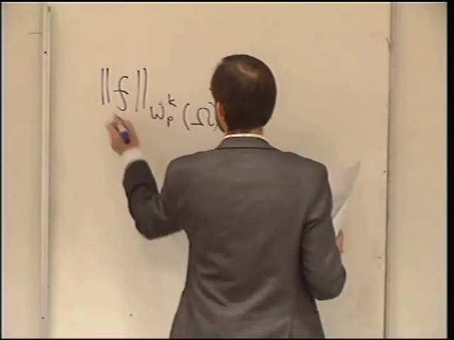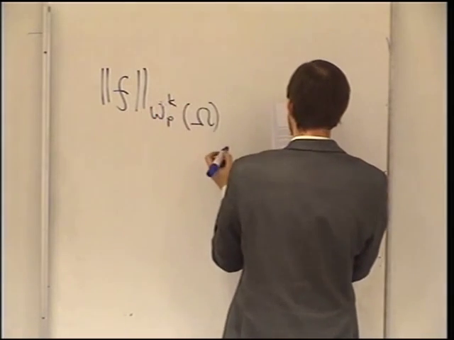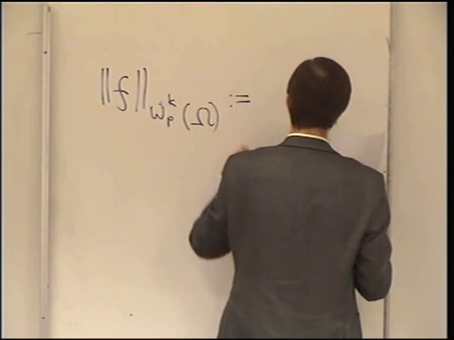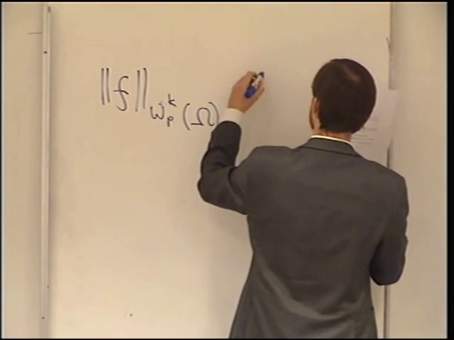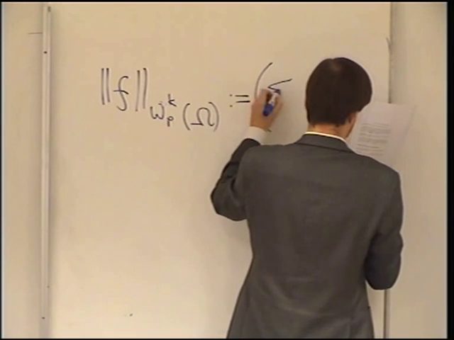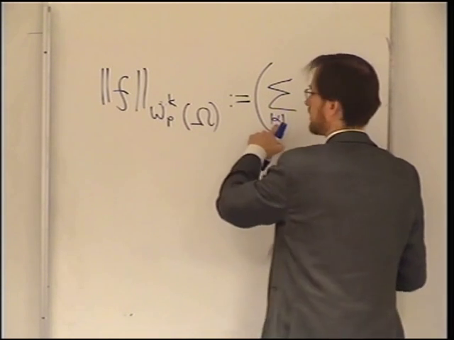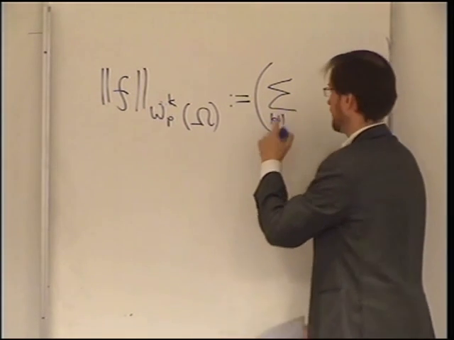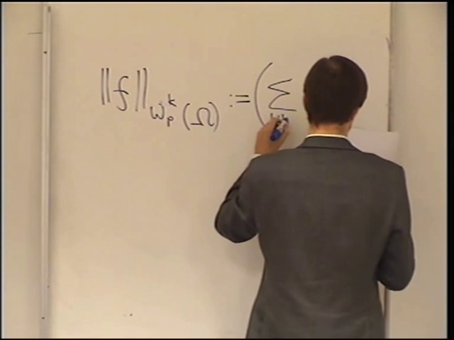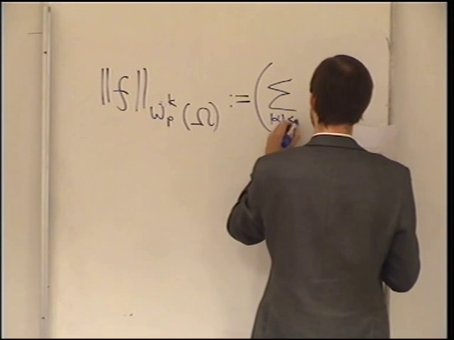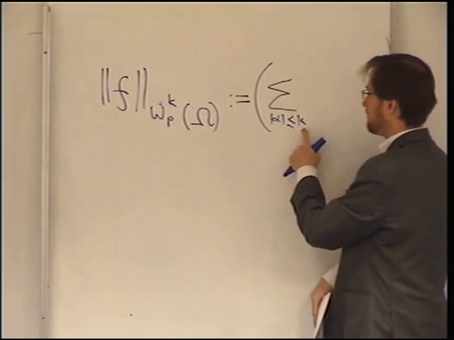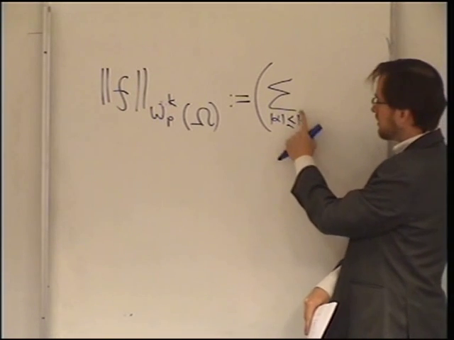So this norm, with these two parameters k and p, is defined to be equal to the sum over the size of alpha, which is going to be a multi-index, less than or equal to k. So this is where k comes in. What does this mean?